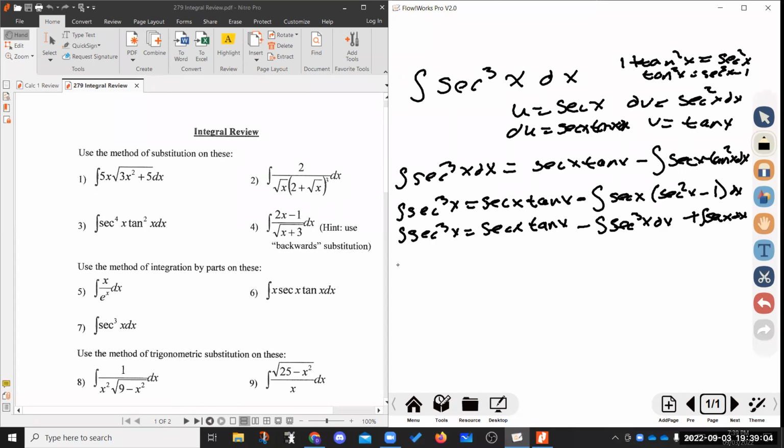So we're going to bring the secant cubed over. We're going to integrate secant, which we just talked about.